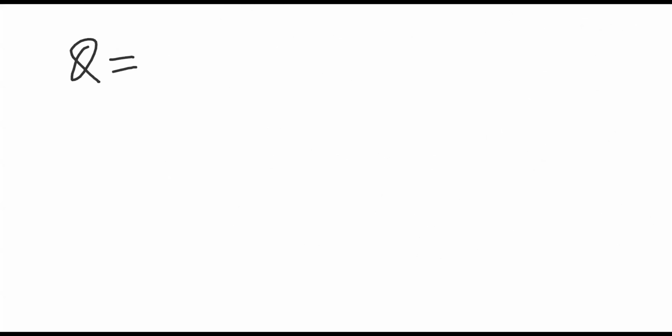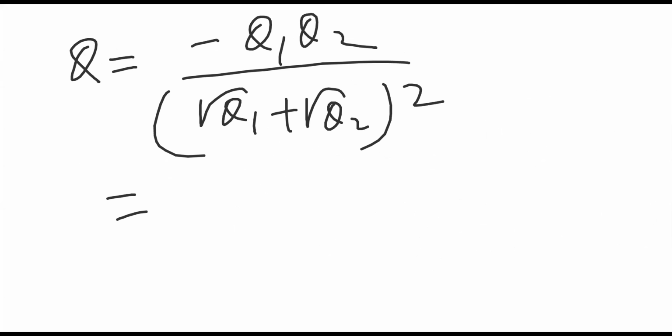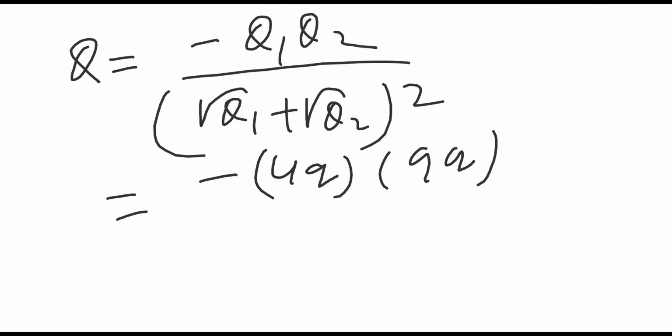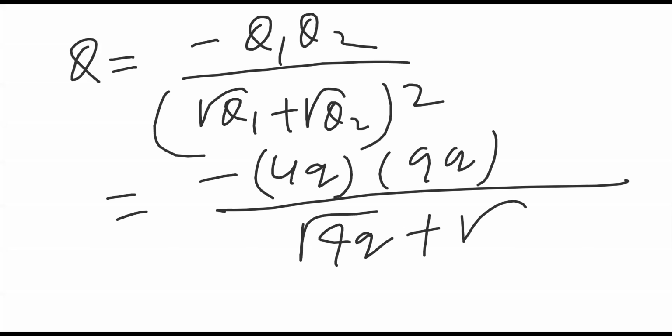Easy only. Now find capital Q. That is nothing but minus Q1 Q2 divided by root Q1 plus root Q2 whole square. This formula. So here 4Q, 9Q divided by, sorry, 2Q, because root of 4Q plus root of 9Q whole square.